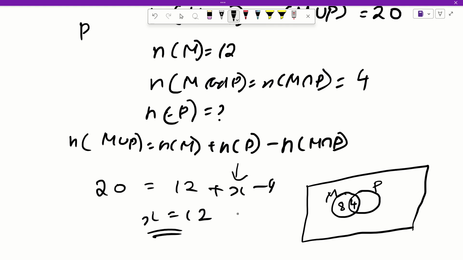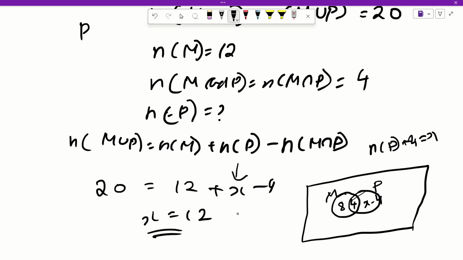We know that total of P is x plus 4. So let's say n of P is equal to x, which means the part of P outside the intersection, plus 4, equals x, as per the Venn diagram. So what will this part be? x minus 4.